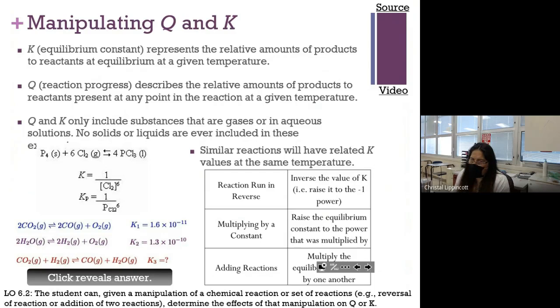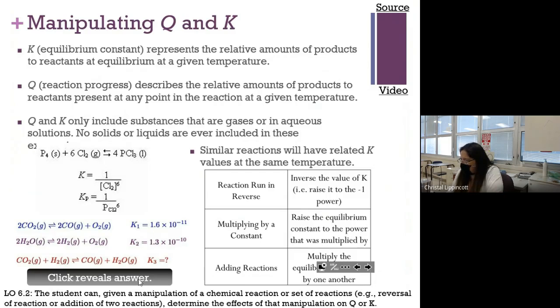No? Good? How did you do that without a calculator?